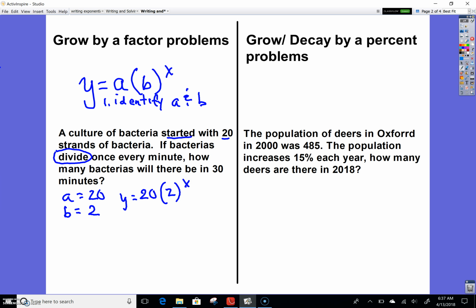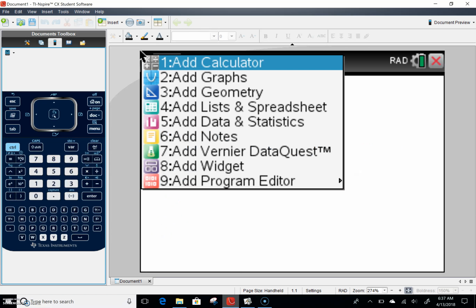Once every minute. How many bacteria would there be in 30 minutes? So I need to know what 30 minutes is. So y is equal to 20 times 2 to the 30th power. That's what I'm going to put in my calculator.